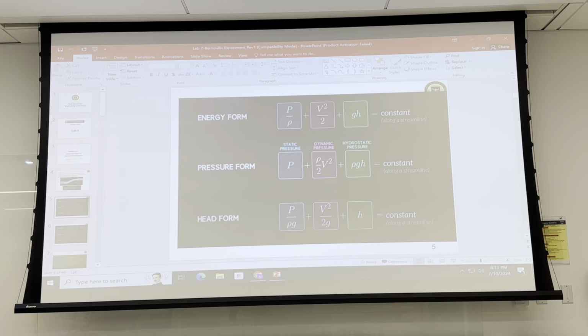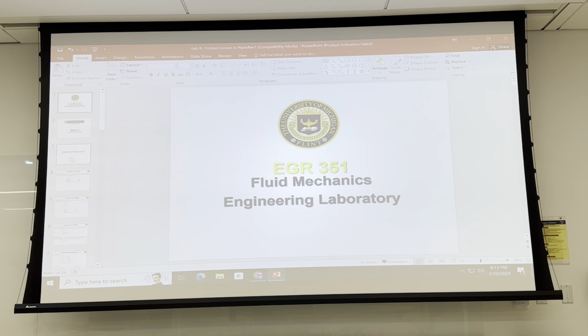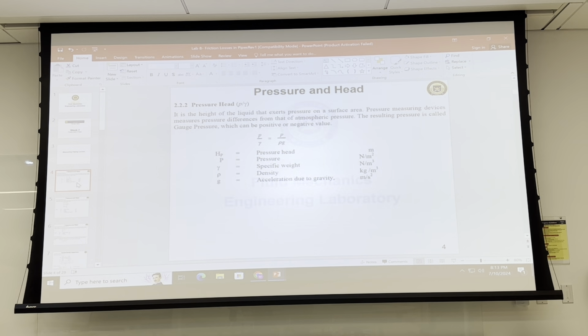From here we switch gears and go to the focus we have, which is friction losses in pipes. Okay, let's talk about what the friction losses are. We remember the word pressure head, that is pressure over specific weight. You know, the formula is given.